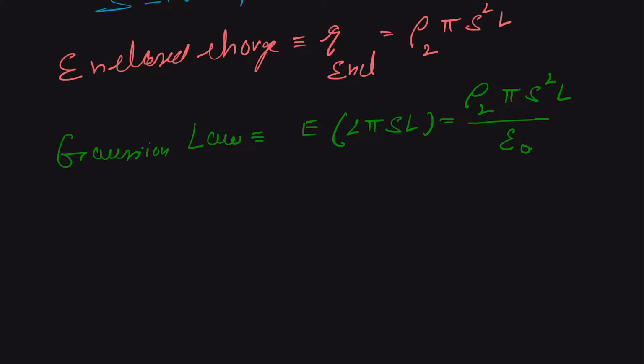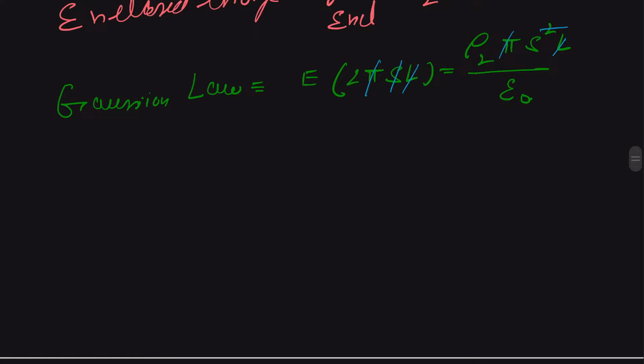And here pi s and L cancel out. Therefore we get that the electric field will be equal to rho 2 multiplied by s divided by 2 epsilon naught. And we know that its direction will be radially outward in the xy plane.